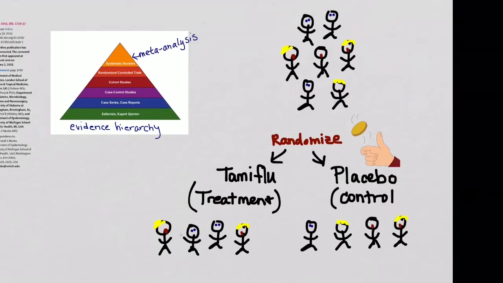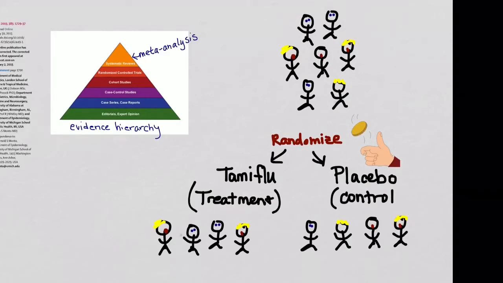The reason that's important is because it assures that the other characteristics of the patients, the ways that the patients differ, are distributed equally across the two groups, so that they're not biasing the outcome.